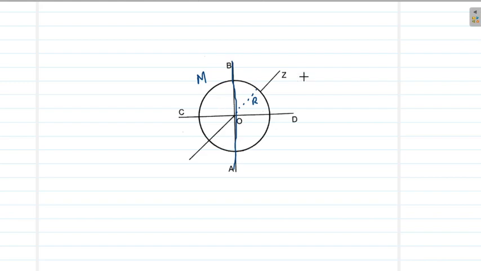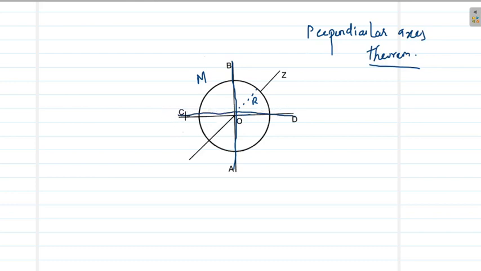In this case, we may use the perpendicular axis theorem. Consider two diameters that are perpendicular to each other on the plane of this ring. So AB and CD are those two diameters. They are perpendicular to each other and they lie on the plane of the paper, the plane of the ring.